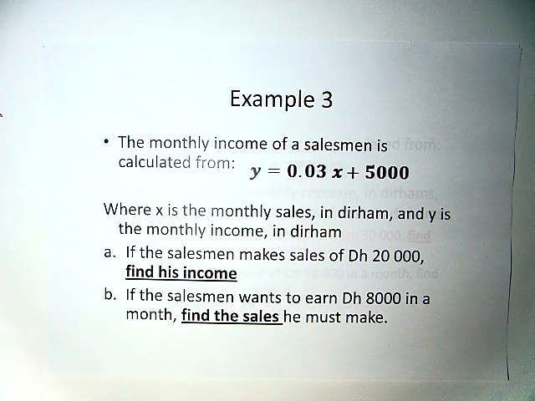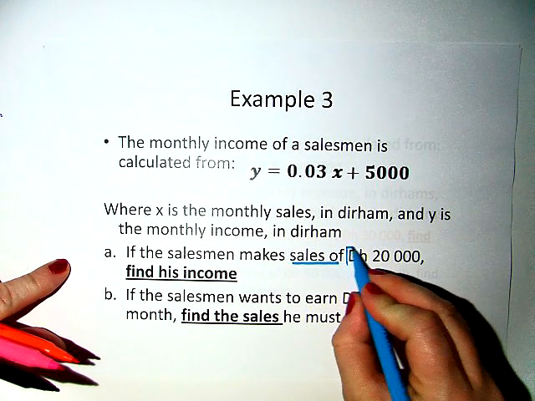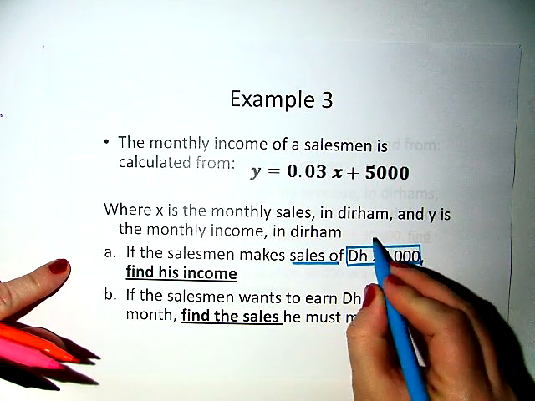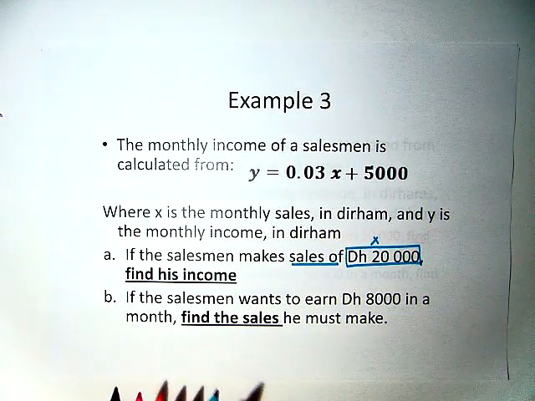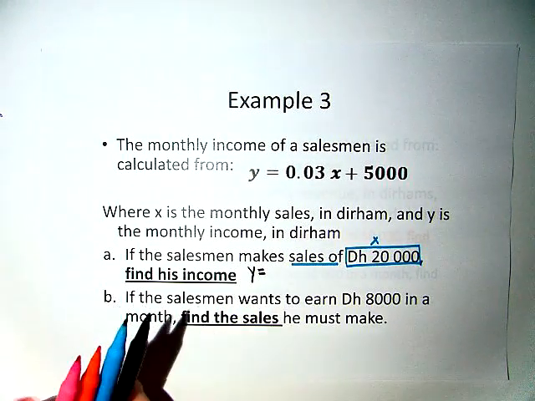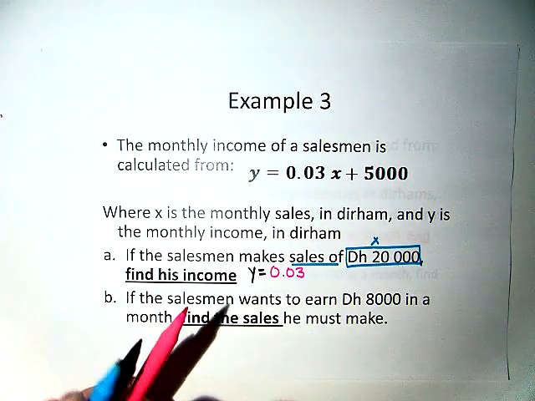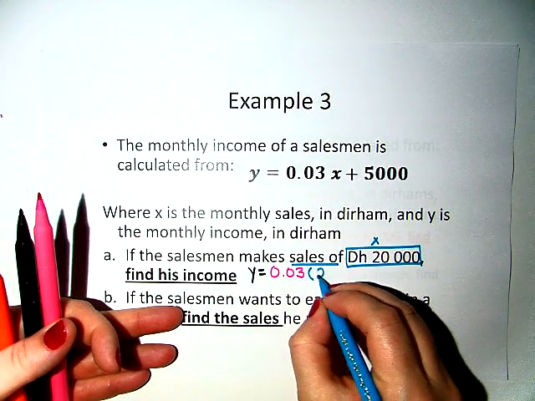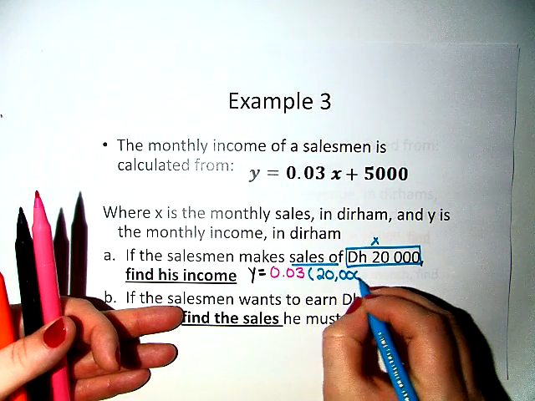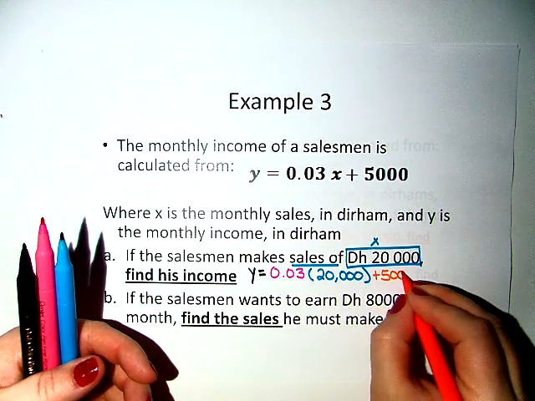So if he makes sales of 20,000, that's going to be placed in our x. So we're going to actually put this in. Y equals 0.03 times 20,000 plus 5,000.